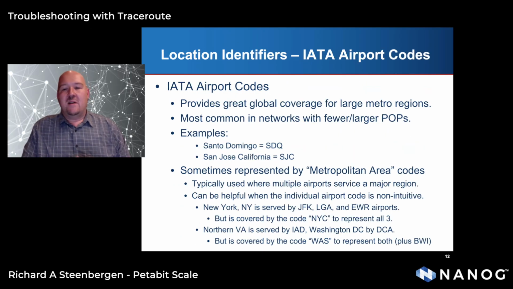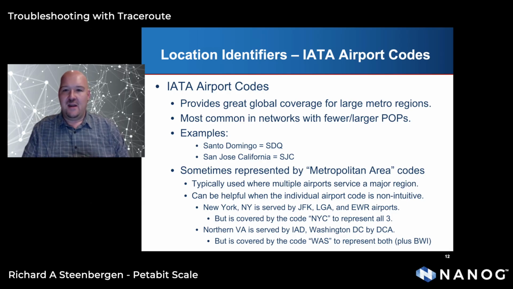So let's talk about the airport code. There is an international standards body called the IATA that publishes airport codes. And this works really well because pretty much every large metropolitan region in the world has an airport in it, and so there's an airport code. This works really well for people who have a small number of POPs.